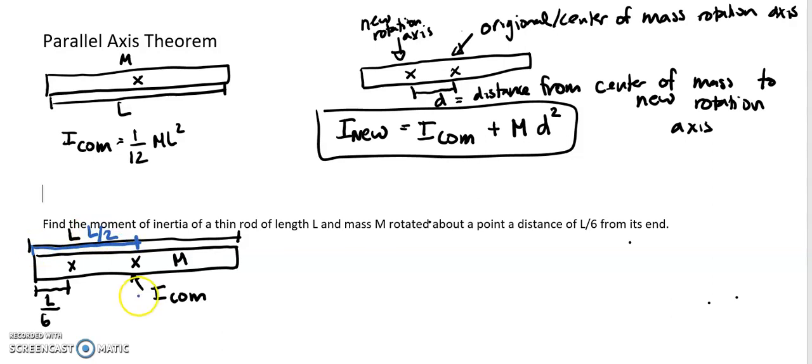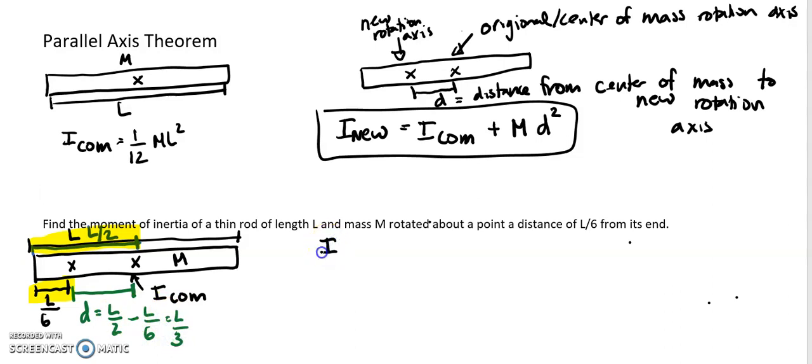I'm going to need the distance from the center of mass to my new rotation axis. So I know the whole thing is L over 2. This is L over 6. So distance d is going to be L over 2 minus L over 6, which is just what? L over 3. Cool. So now we can use this in the problem.